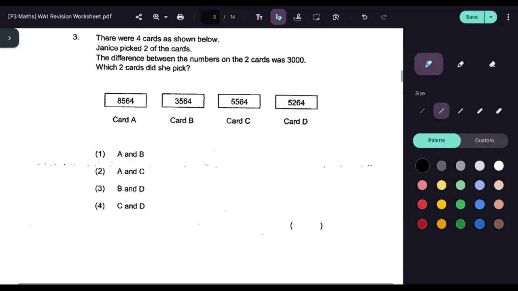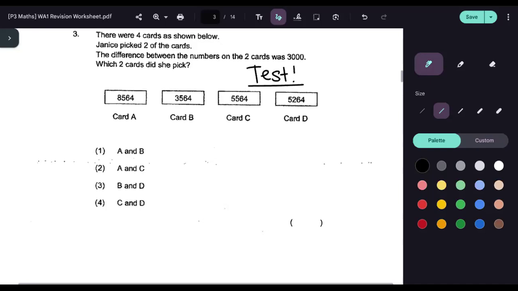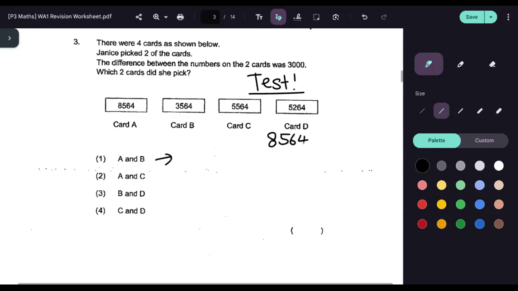What you need to do is test all 4 options and work out the difference for each. For example, card A and card B: because they ask for the difference, it is minus, so it will be 3564. The difference is 5000.